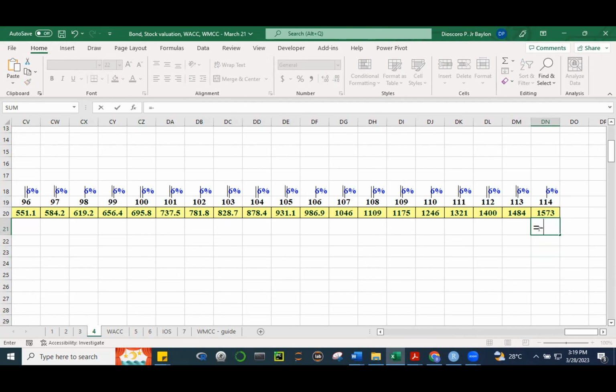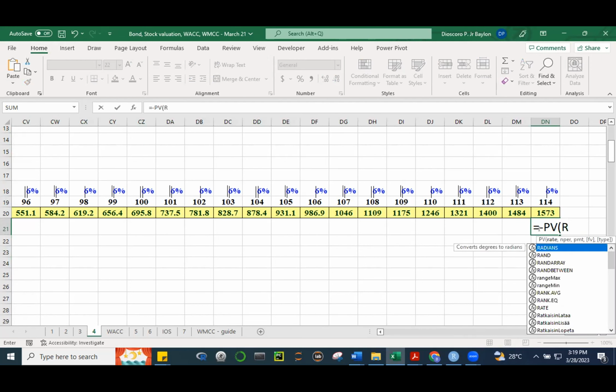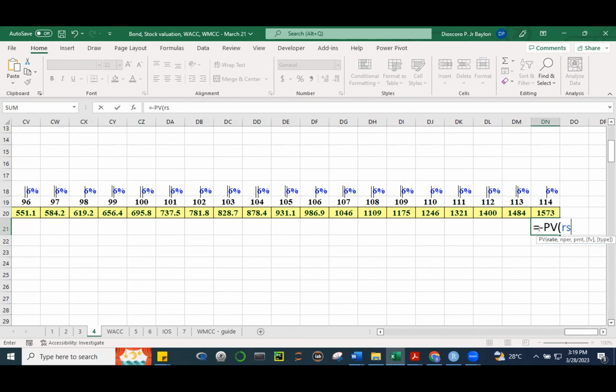I'm going to compute for the present value, negative PV. Our rate is RS, comma, our NPER is 114 here. No PMT. Our future value is this one, 1573. And then the type ignore.